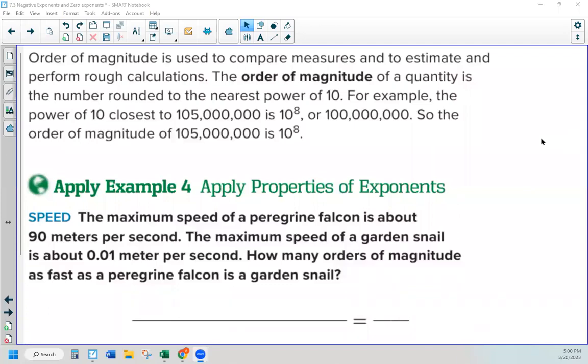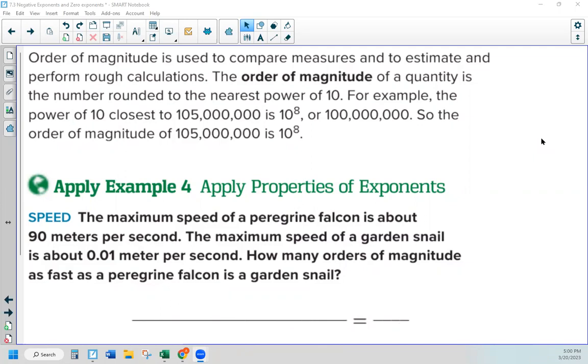All right. So order of magnitude is used to compare measures and to estimate and perform rough calculations. The order of magnitude of a quantity is the number rounded to the nearest power of 10. For example, the power of 10 closest to 105 million is 10 to the 8th power, or 100 million.